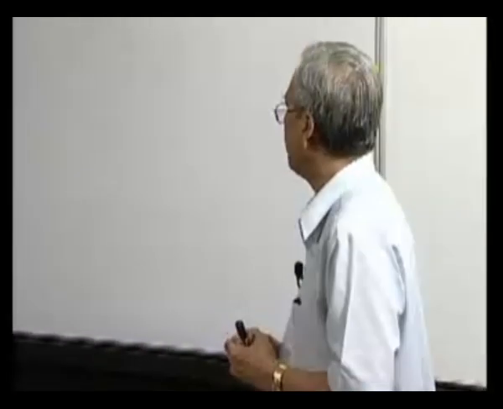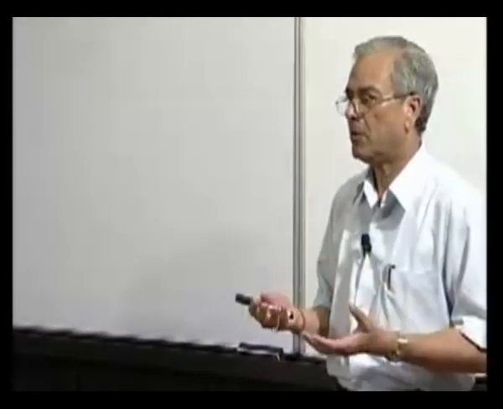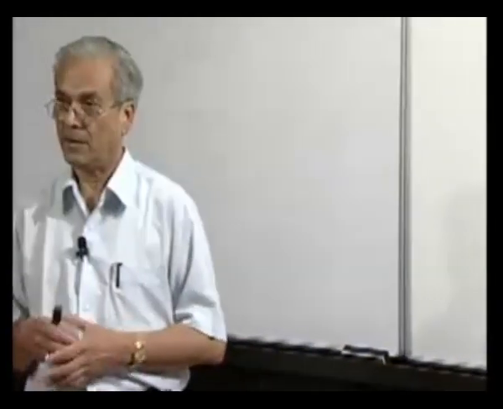So, in the last class we started discussion on free vibration of a damped single degree of freedom system. We have seen that depending on the system damping, it can have either an aperiodic motion or a periodic motion.